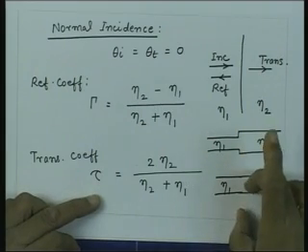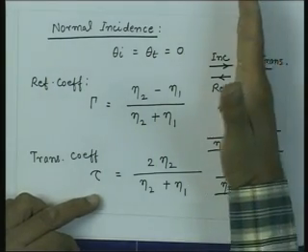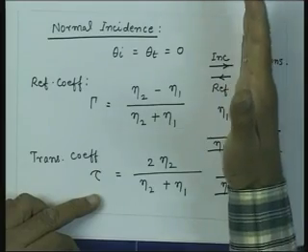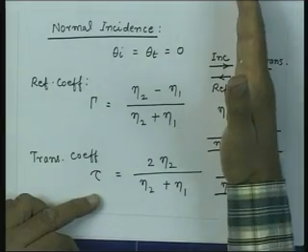So, if I calculate the power loss at this boundary, this will be exactly the same as the power loss into the impedance which is terminating the transmission line. So, the normal incidence case is one of the special situations of oblique incidence, and then one can find out the reflection and the transmission coefficient for this.